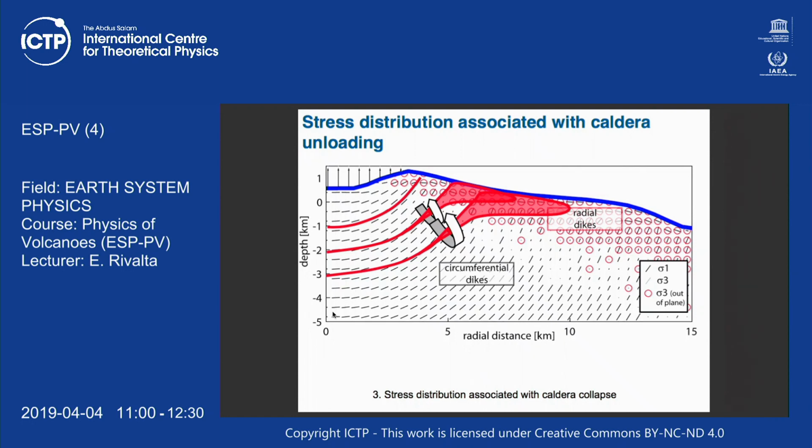So here you have the combined effect of a mountain with the caldera in the middle. So you see actually that there is somewhere here a region where the dikes tend to first go this way, and then actually they are forced to twist because the stress on the volcano will tell them to twist.